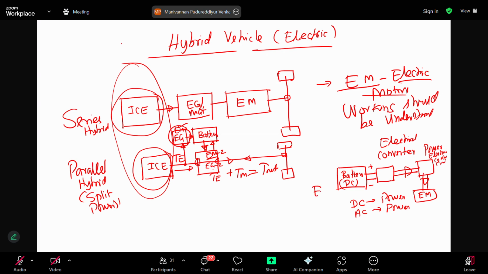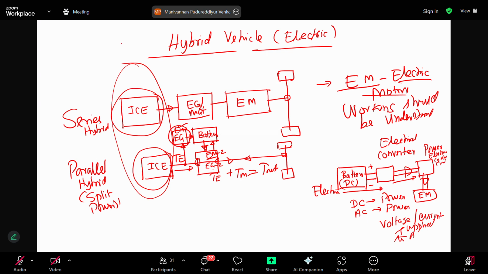Here you have electrical power. The electrical power will be converted to AC or DC power, which in turn will be given to an electronic control unit or power electronic unit, which controls the voltage. What is the job of this power electronics? Controlling the amount of voltage and current supplied to the motor.